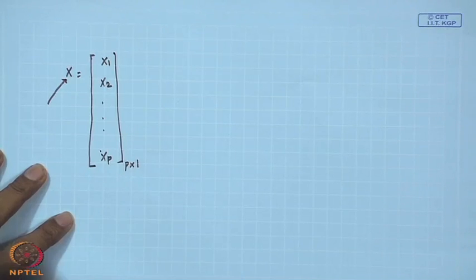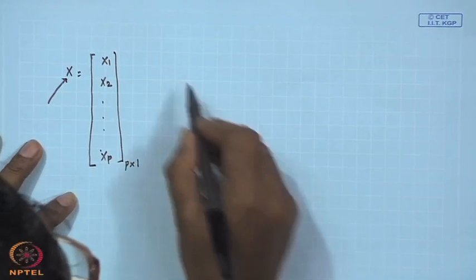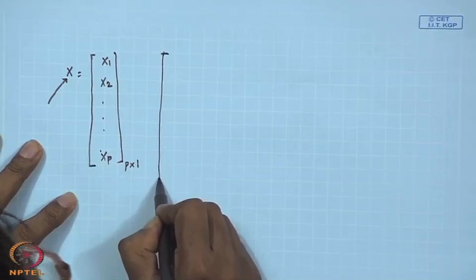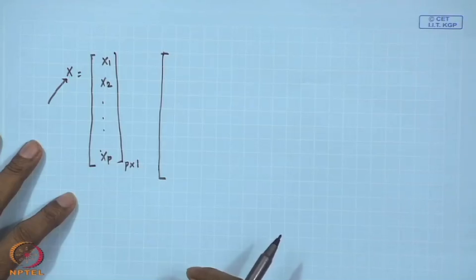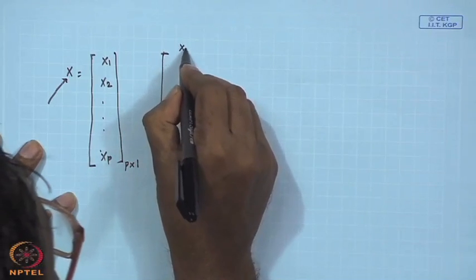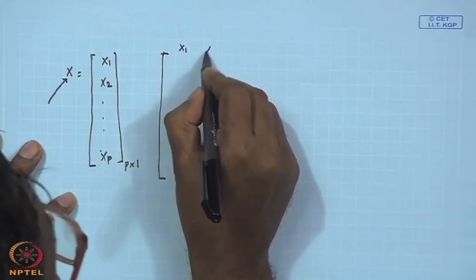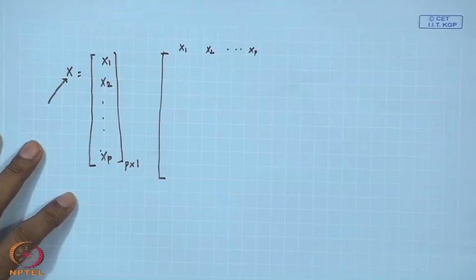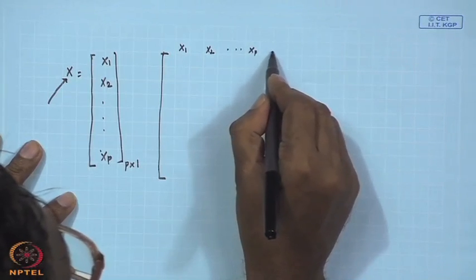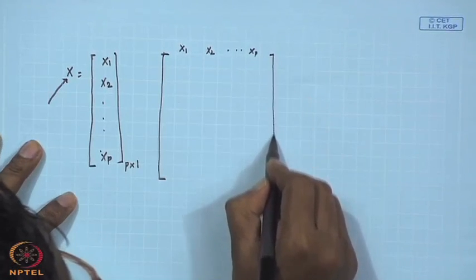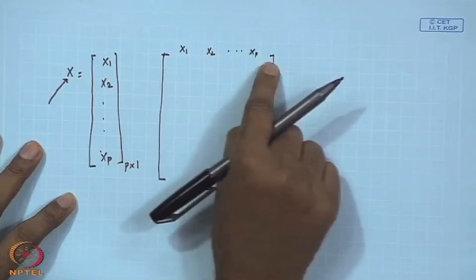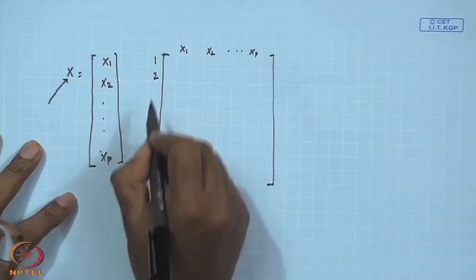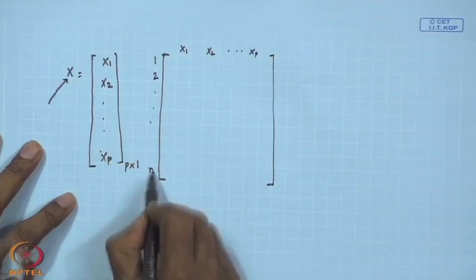Now, you think that you require to collect data on these p variables. So, I am writing here, my first variable is x 1, second variable is x 2, like my last variable is x p, and you are basically collecting data on these p variables. So, you will be collecting observation 1, observation 2, like this n observations.